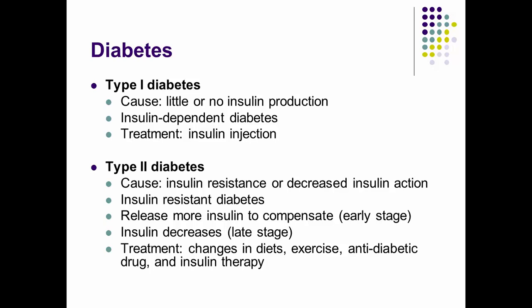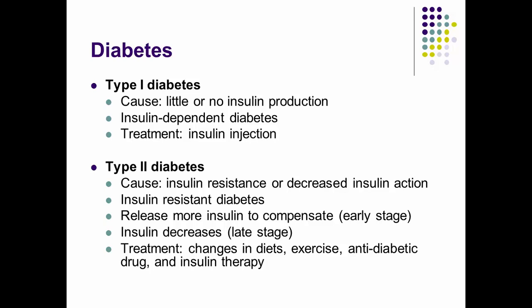It can cure the problems. And type 2 diabetes is different. It's considered a metabolic disease. Its main cause is insulin resistance. Insulin resistance means that the patients are able to release insulin, and the insulin level is even higher than in normal people, but in type 2 diabetic patients, the insulin action is decreased.